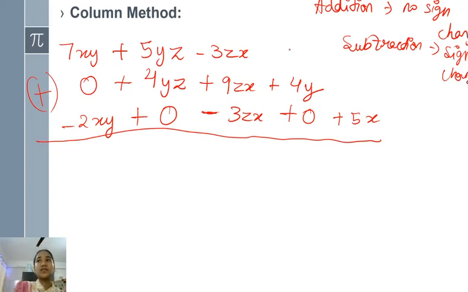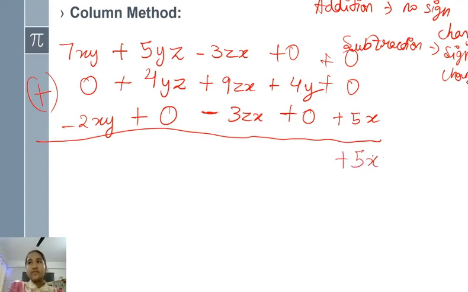Let me explain this method also. You're just gonna make a kind of table. Like terms you arrange column-wise, all the like terms in one column. If they don't have like terms, in the other places you can take 0. The first expression here, second expression, third expression. The simple thing is to add up now.